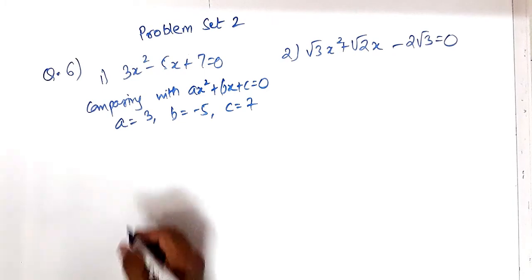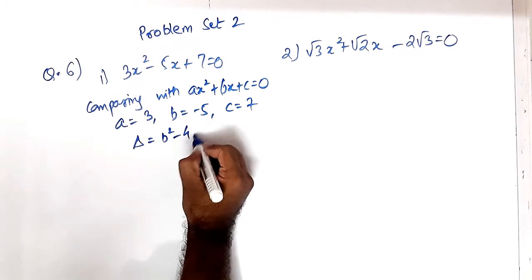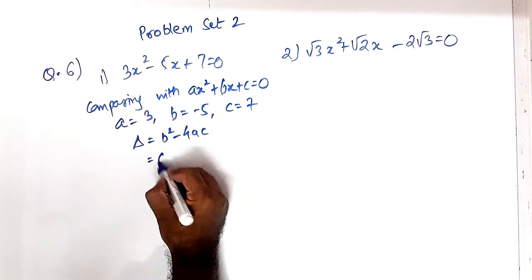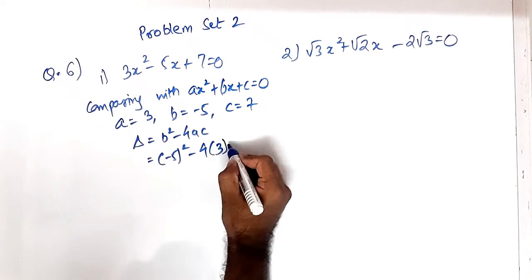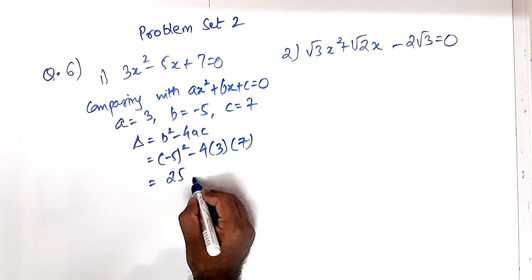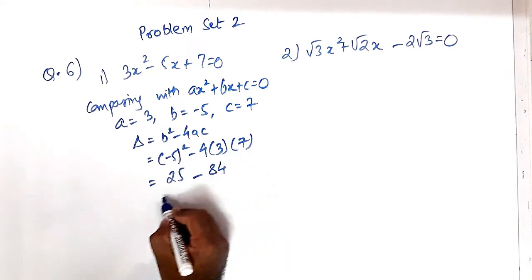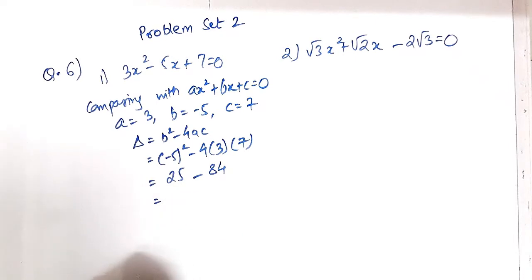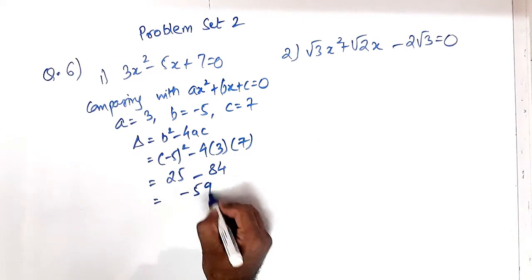So here b square minus 4ac is equal to minus 5 square minus 4 into a into c. This is 25 minus 4 3s are 12, 12 7s are 84. So what is 25 minus 84? 25 minus 84 is minus 59.